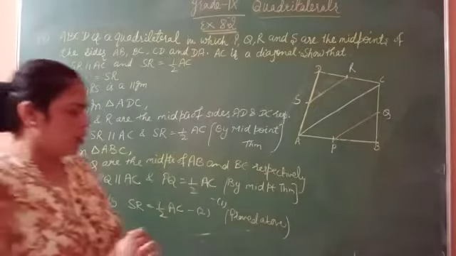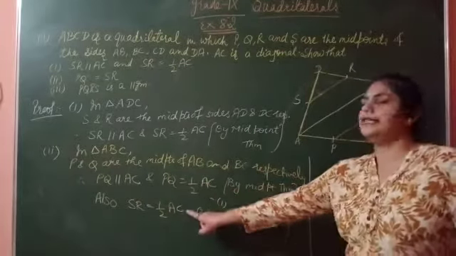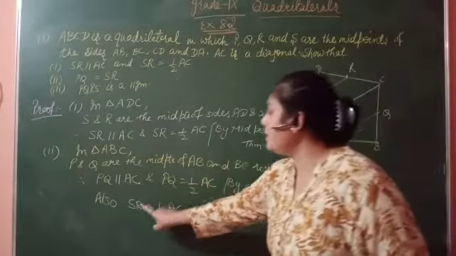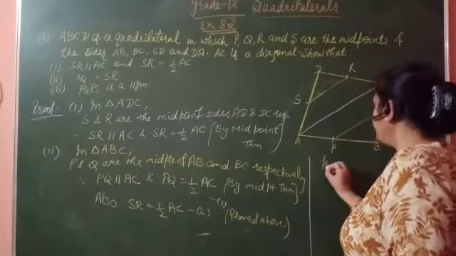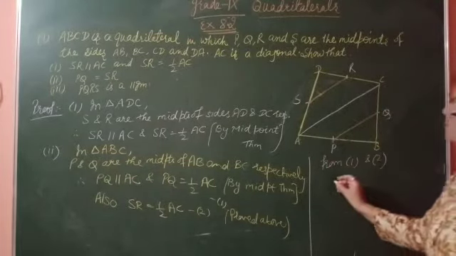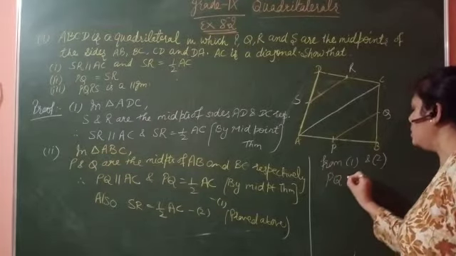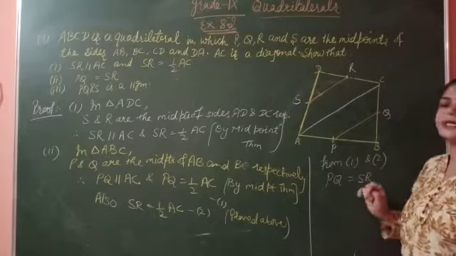So what do you observe from first and second? We observe that the right hand sides are equal to each other, so that means the left hand sides are also equal to each other. So from first and second, PQ is equal to SR. This proves our second part.